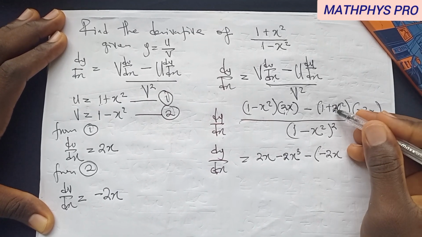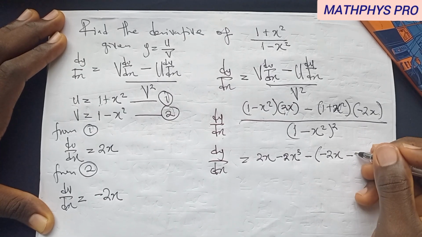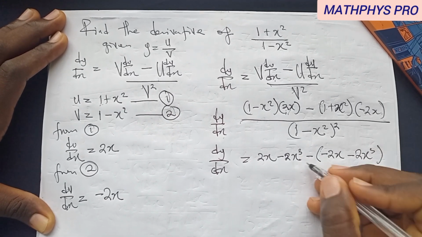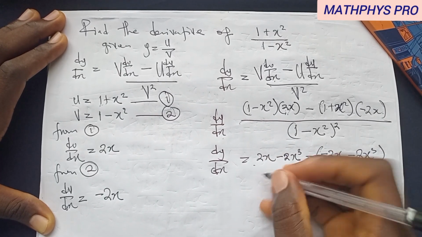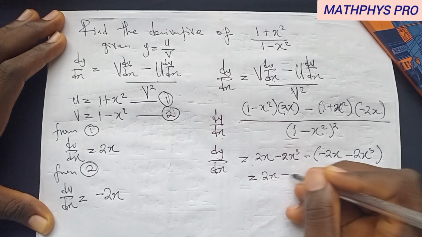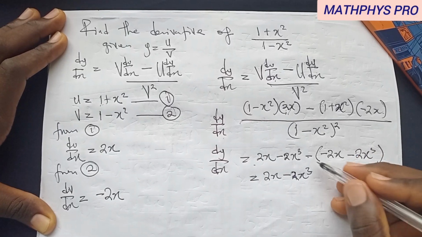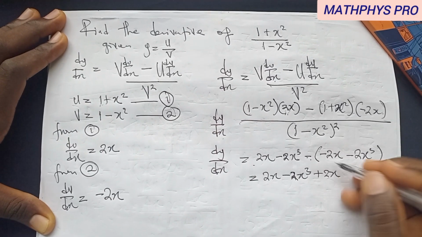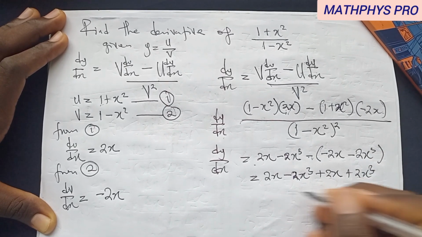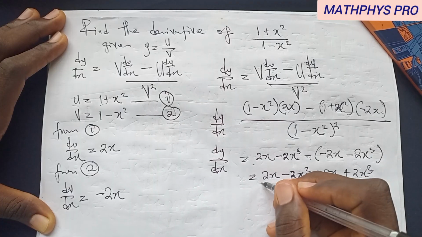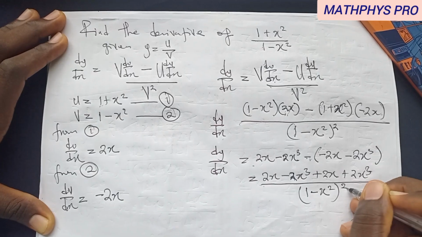Minus 2x times plus x squared gives you minus 2x cubed. So we can use the minus to multiply everything inside the bracket. We'll have 2x minus 2x cubed, minus times minus gives you plus 2x, minus times minus gives you plus 2x cubed. This is over (1 minus x squared) squared.